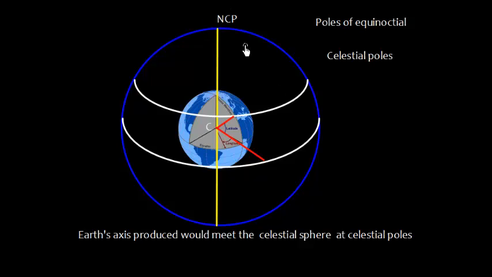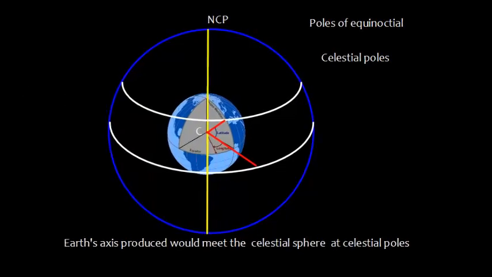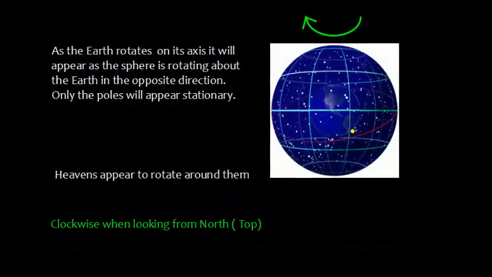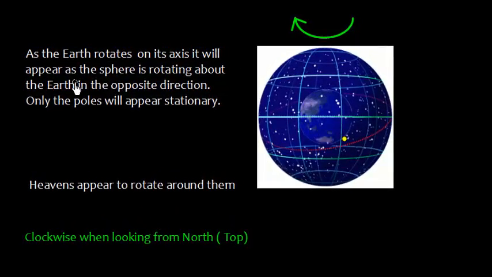Now let's discuss the poles of the equinoctial. Well, we have poles on the Earth's surface. If we produce these poles of the Earth's surface, they will meet somewhere here on the celestial sphere. These are called poles of the equinoctial or celestial poles. As the Earth rotates on its axis, it will appear as if the celestial sphere is rotating about the Earth in the opposite direction.